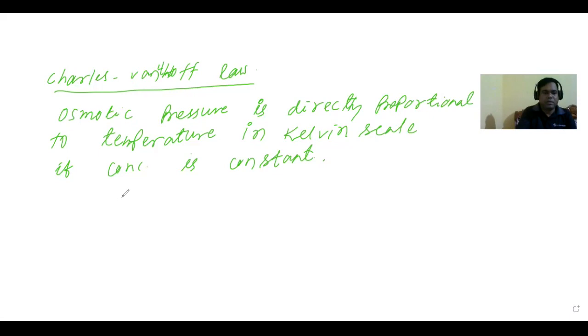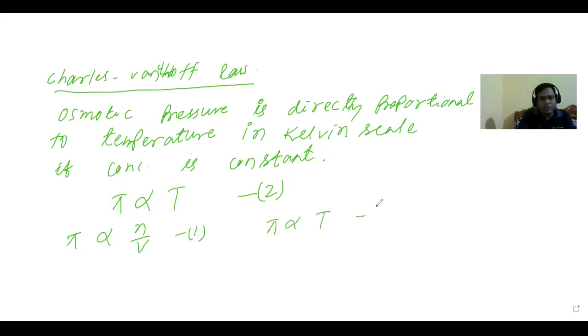So here π ∝ T. Mathematically, π ∝ T, where π is the osmotic pressure and T is temperature in Kelvin scale. By combining two equations, equation 1 is π ∝ n/V or π ∝ C, and π ∝ T is equation 2.